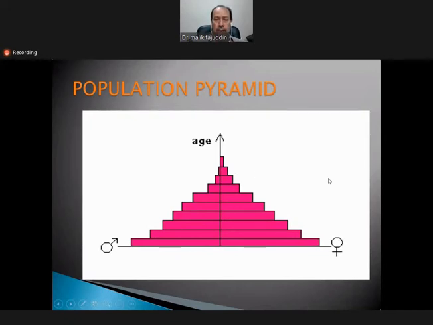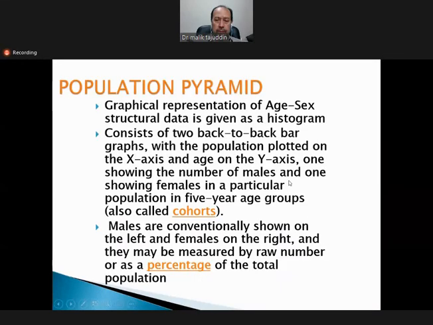Then conventionally, on the right side the females are plotted, and on the left side the males are plotted. So in the population pyramid of every country, the younger people form the base, the females are on the right side, and the males are on the left side.